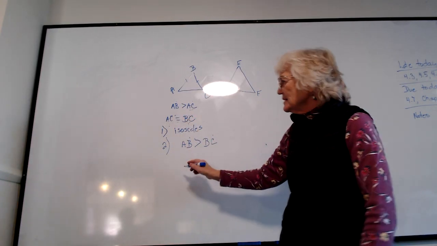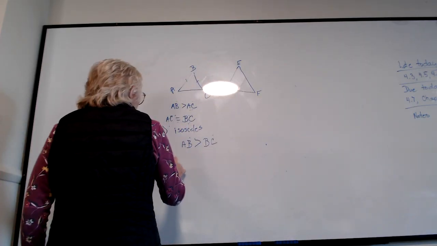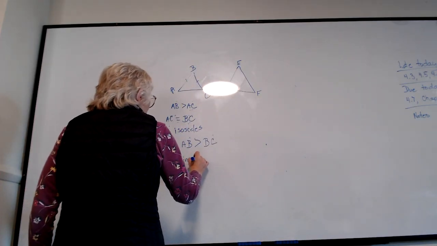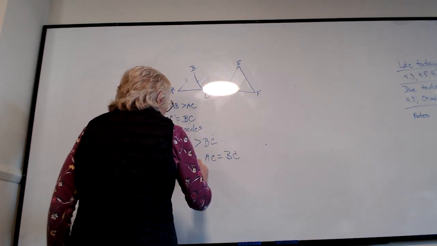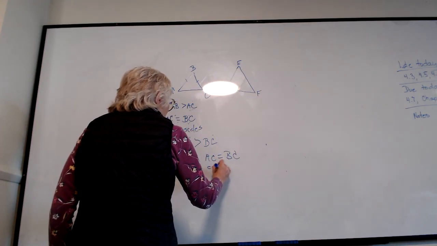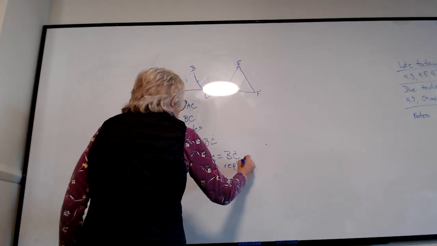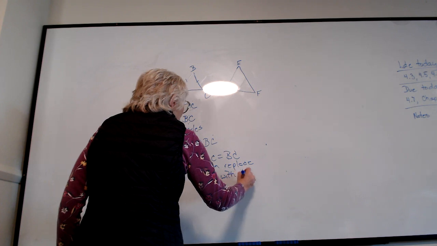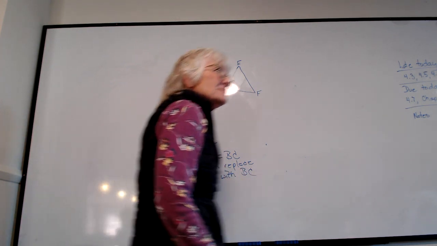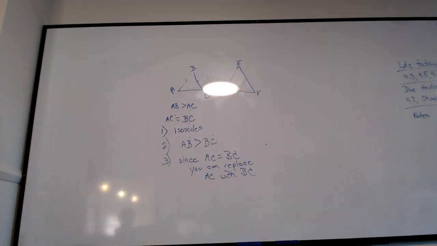So since AC equals BC, you can replace AC with BC. Does that make sense? Since they're equal, I can interchange BC and AC. I can use them as the same thing.